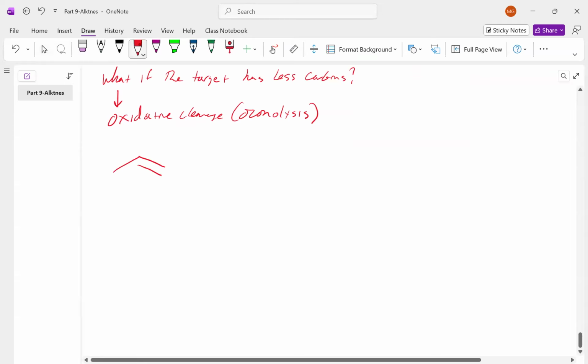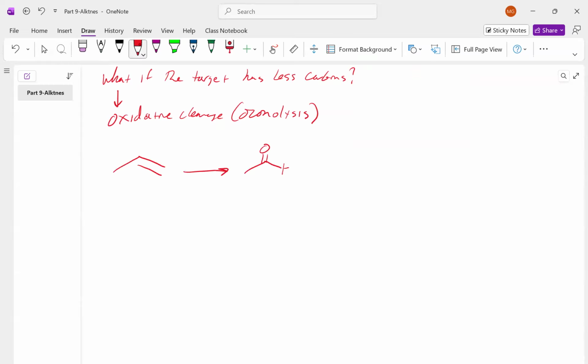So let's say our reaction looks like this here. Okay, if I number my carbons here, I got 1, 2, and three, and then I have one and two. I'll deal with carbon three in a second, but just kind of notice here my target has one less carbon.